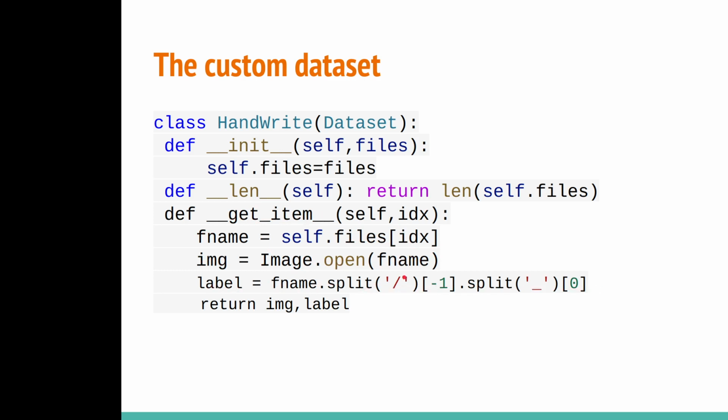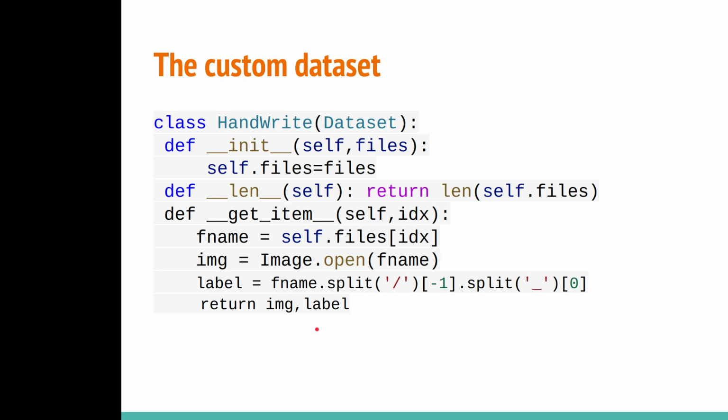So we just use split and get the last element, which will be the base file name of the image file. And then we split the image file name by using the underscore, and get the first element. It will be the label of the image. So we can just return those two back to the caller.